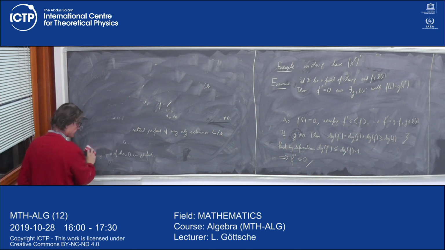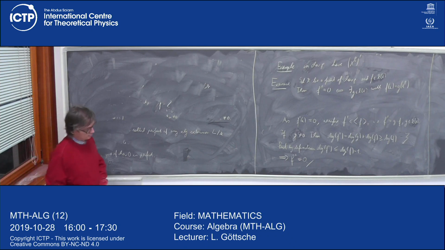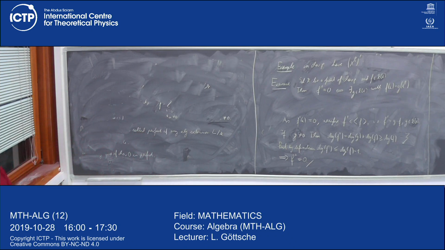Could you give an example of an irreducible polynomial over some field such that it has multiple roots? Yeah, this exists, in characteristic p, but only over infinite fields of characteristic p. I haven't thought of an example, so I would have to look it up. It could be something like you take the field of rational functions with coefficients in a finite field.